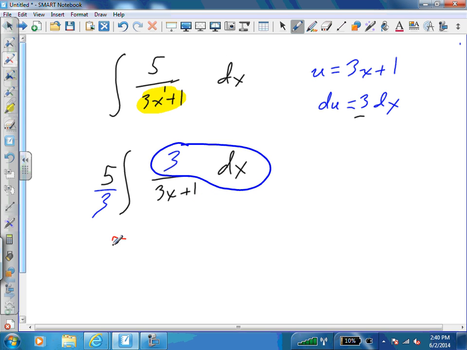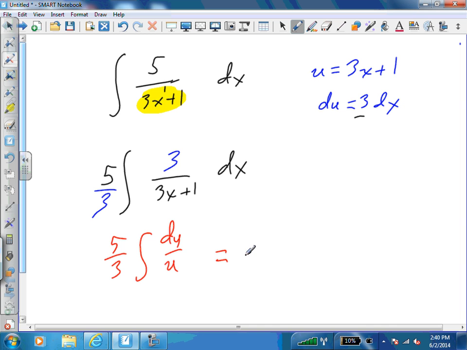So when we substitute, we have 5/3 times the integral of du over u, which is 5/3 natural log absolute value of u, which, our u is what? 3x plus 1. And if it were an indefinite integral, we would need a plus c.